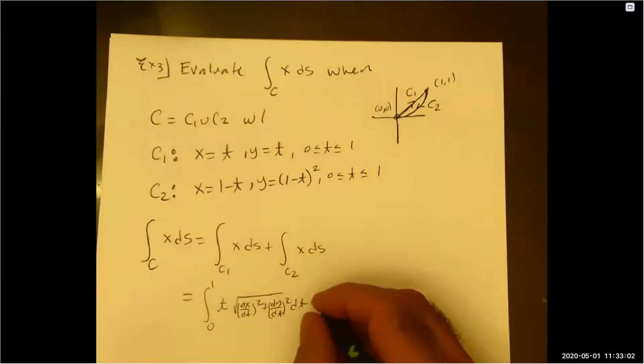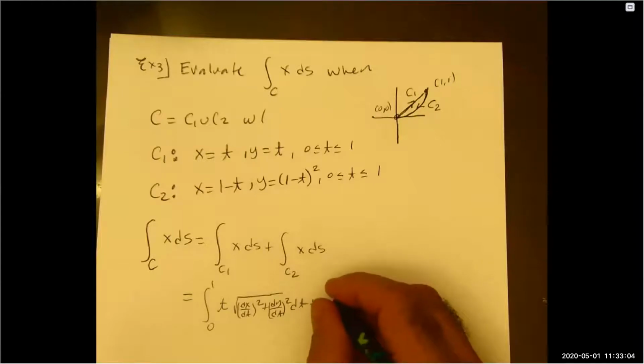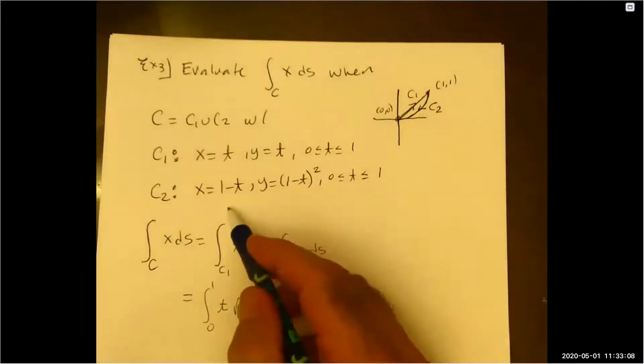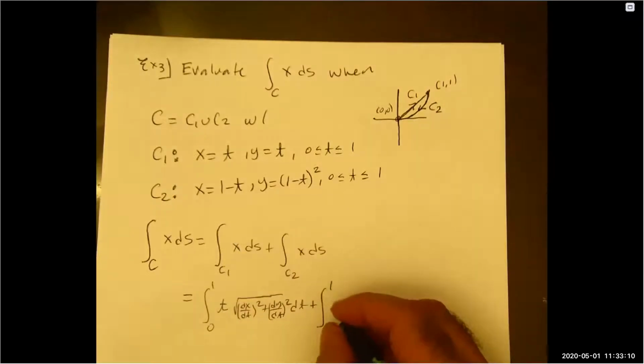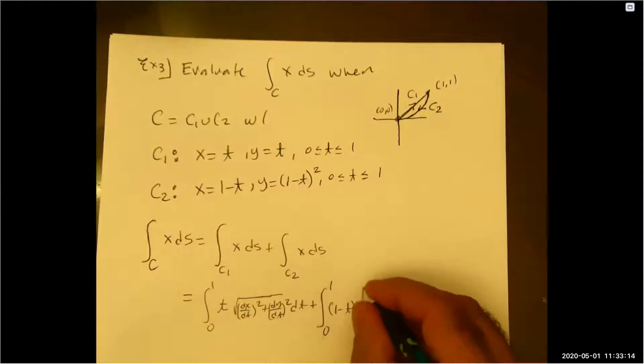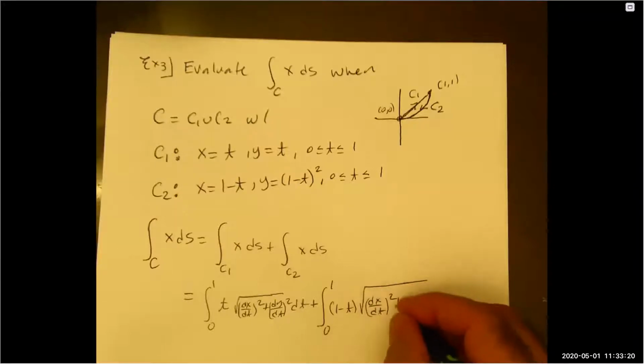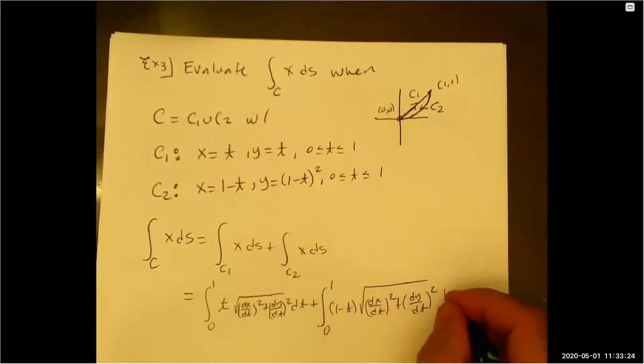And then for the second one, it's going to be more complicated. So here we have the integral from 0 to 1. In this case, the x is 1 minus t. So we're going to have 1 minus t. And then we'll have, again, the dx dt squared, and then dy dt squared dt.